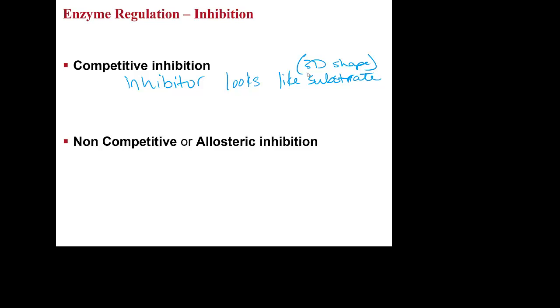Okay? An example of this in you is the nerve gas sarin that actually has a very similar three-dimensional shape to acetylcholine. Acetylcholine is something critical for you to use, and actually binds to the enzyme itself.